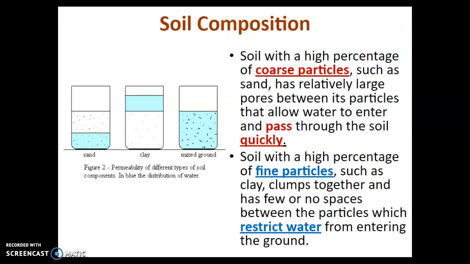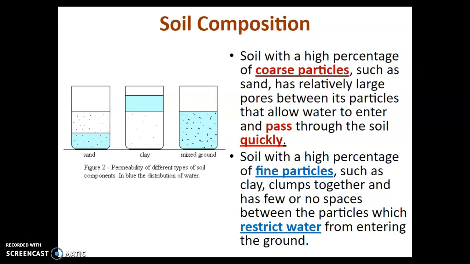On the other hand, a soil with high percentage of fine particles, like clay, clump together and the water cannot run through as quickly. So clay would be a particle that has a low porosity, a low permeability. So as the water hits the ground, it will not pass through the clay as easily as it could through the sand.